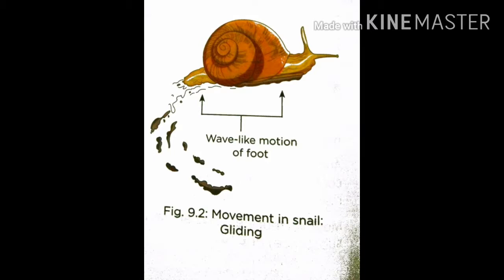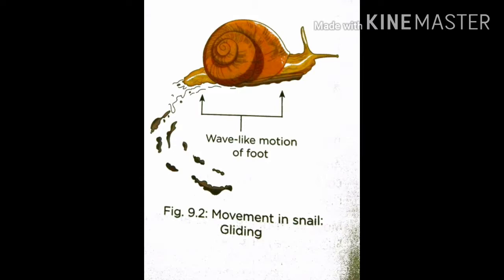Did you see that one? Yes. So this outer skeleton called a shell is not made up of bones. This shell helps to protect the snail from cold and danger.